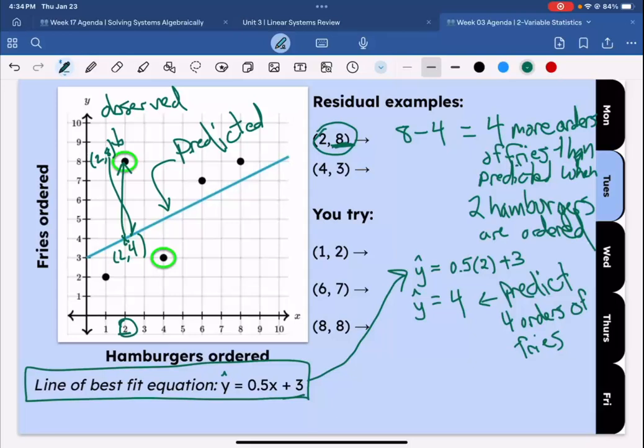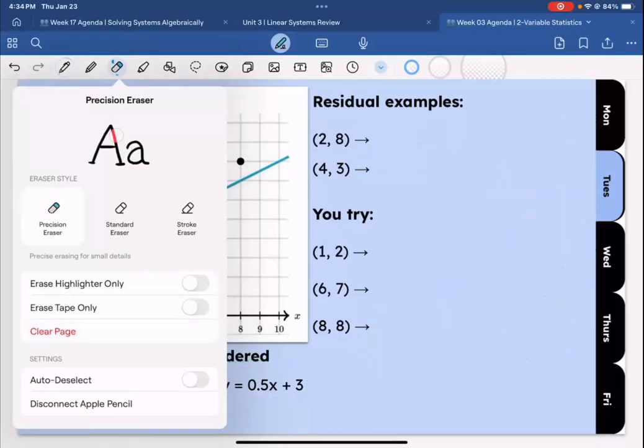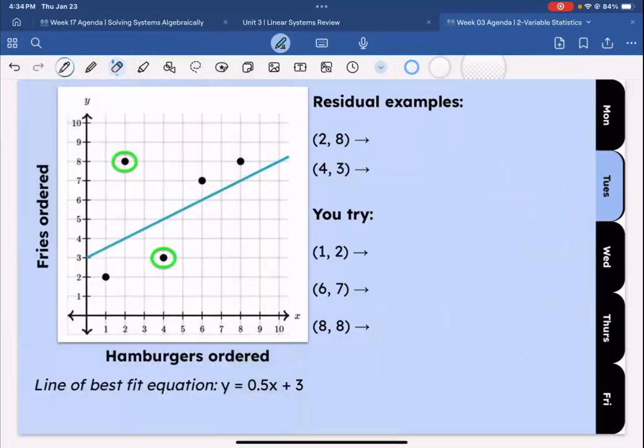So let me clear the page. Okay. So if we take a look at the next point that we have here, (4, 3), that's this point right here. So we're looking to see what our prediction is. We can see that this point is below our line of best fit, so we should expect a negative residual.